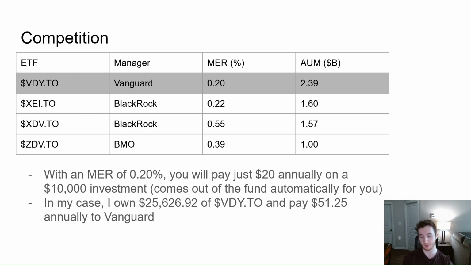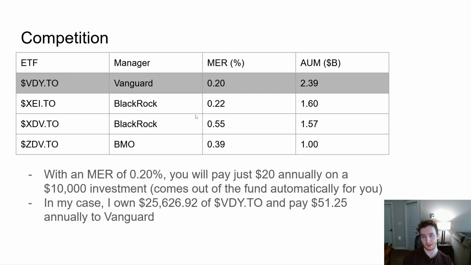So there is some competition for VDY, which is managed by Vanguard, and has that 0.2% MER, like we said. Out of its competition, it's the biggest fund with that AUM of 2.39 billion. And its main competitors are, and I think its number one competitor is, for sure, XEI from BlackRock.